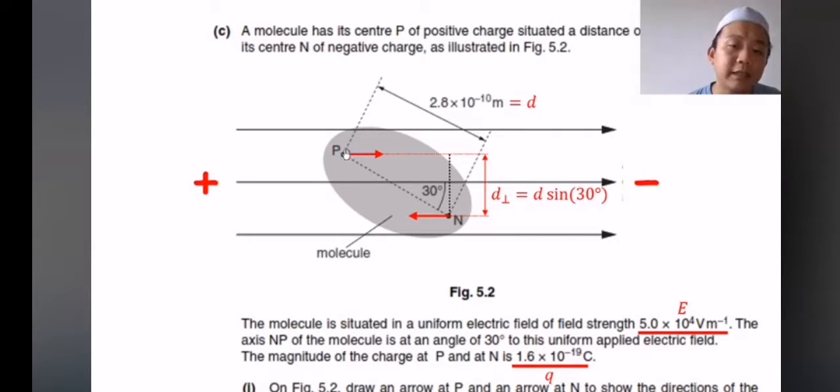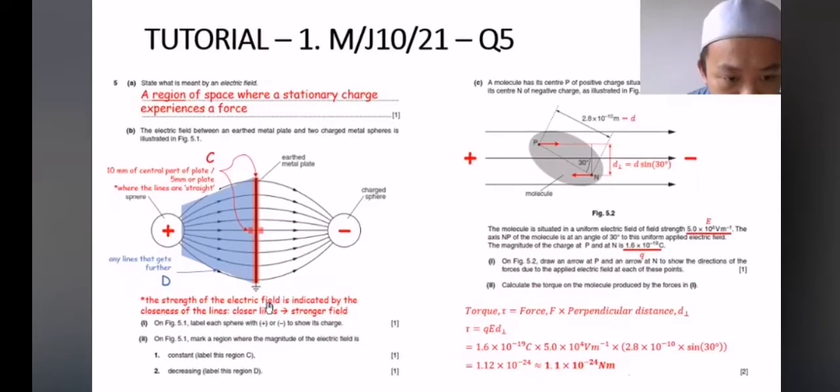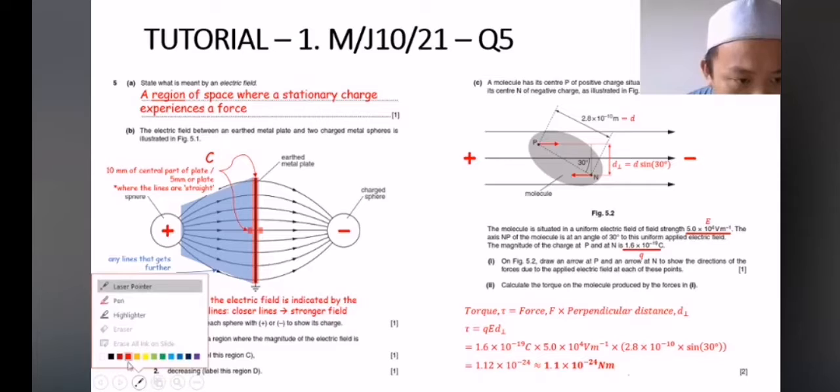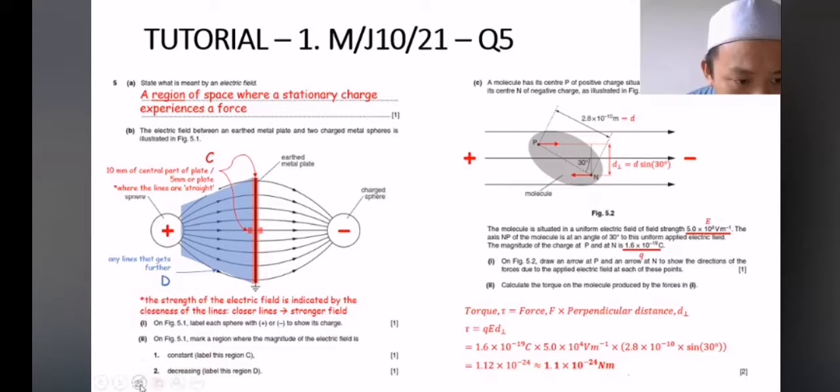So how do we find the vertical? If you see here, we can see a right angle triangle. So we are given the hypotenuse and we want to know what is the opposite value of this particular angle, 30 degrees here. Let me color it with a blue pen.